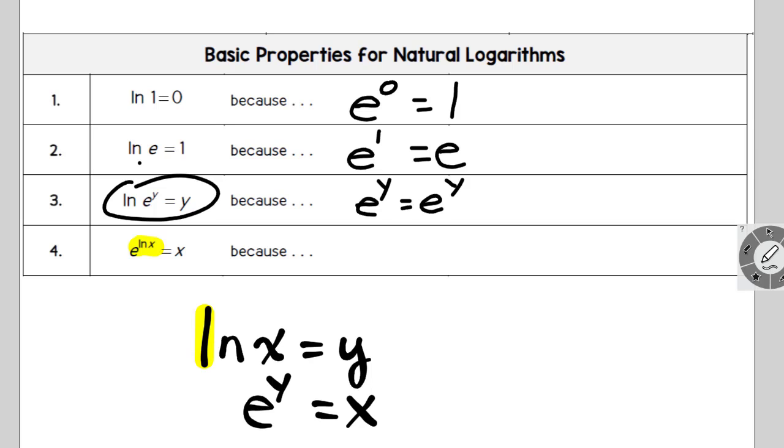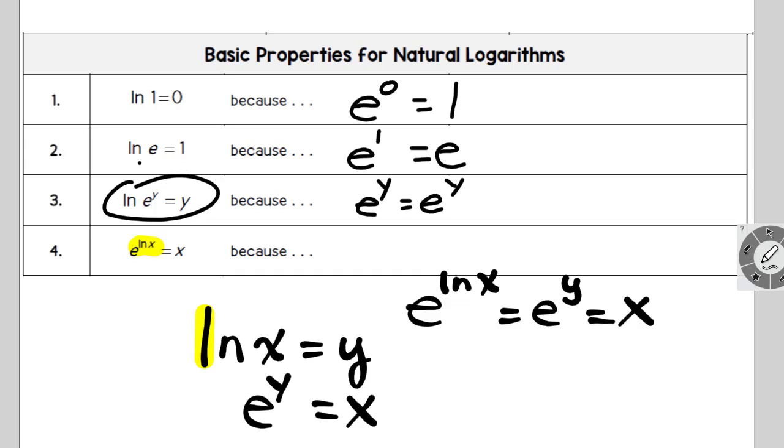So if I do e to the natural log of x, and then we just said natural log of x is equal to y, and then we said e to the y gives us x, okay? So this thing says, what do I raise e to in order to get x?